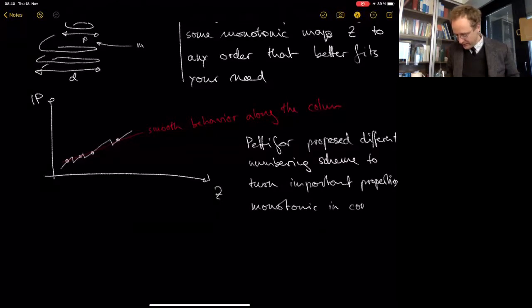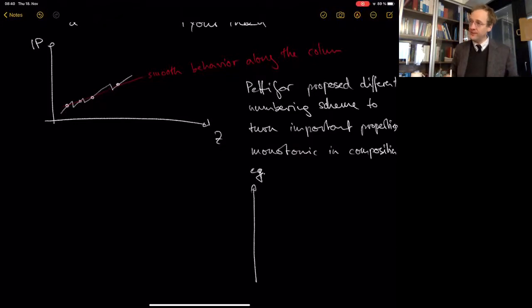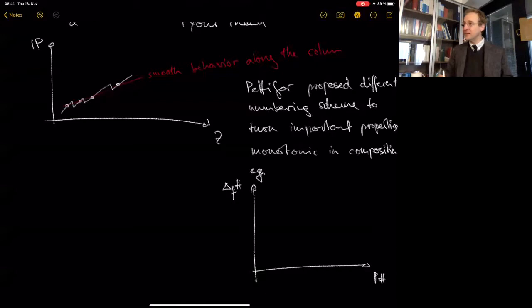in composition, right? So, for example, and I think I showed this also in the introduction, you look at the formation energy as a function of the Pettifor number, then you will find something like this for FCC.